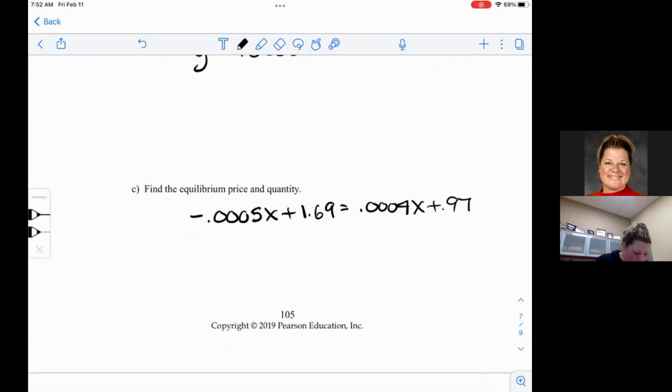So 0.0004 plus 0.0005 is 9. Oh, I put it in, I wish I could show you that. That's okay. So we're here at $1.69 equals, it put it in scientific notation. I don't know why, it's only a couple numbers. So it says 9e negative 4.